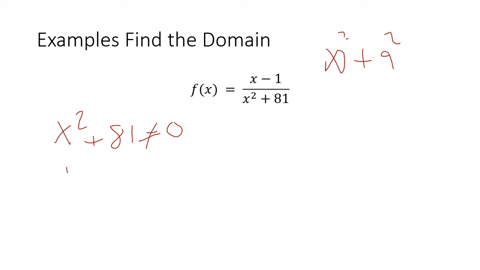We'd subtract both sides by 81. And we end up trying to take the square root of a negative number, which you can't. So therefore, since the bottom will never equal 0, the domain is all real numbers.